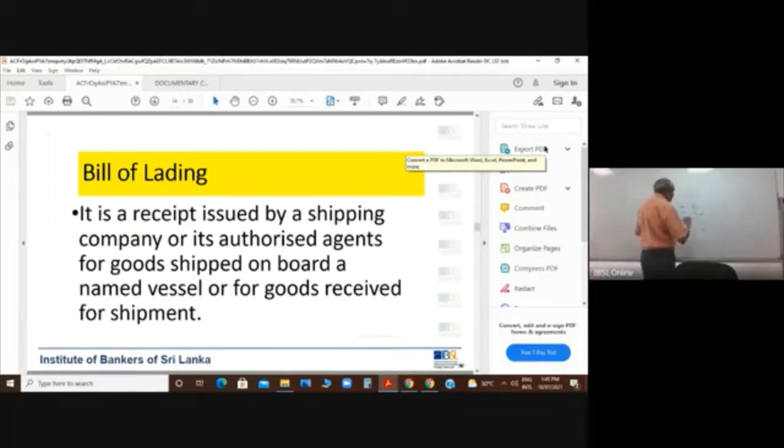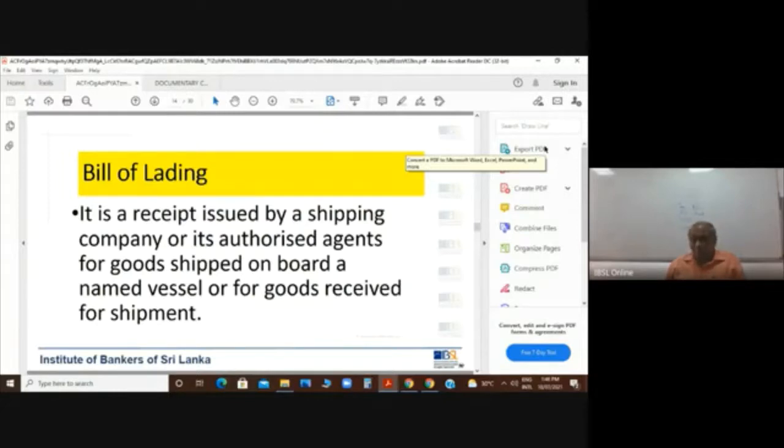many transactions are happening through BL. Right? Because of that, BL is a very important instrument in international trade operations. A BL is a receipt issued by the shipping company or its authorized agents for goods shipped on board a named vessel or for goods received for shipment.